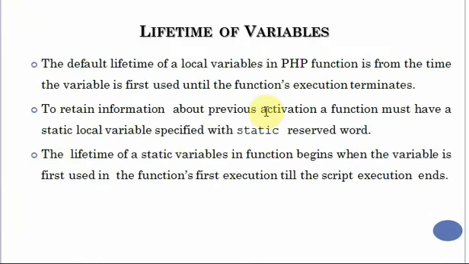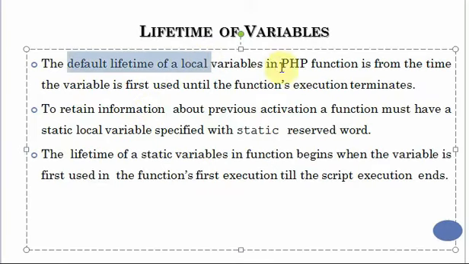And finally, the last part, you have the lifetime of a variable. The default lifetime of a local variable in PHP is from the time the variable is first used until the function execution terminates. Until the function terminates, the lifetime of that variable will be there. To retain information about previous activation, a function must have a static local variable specified with the keyword static.